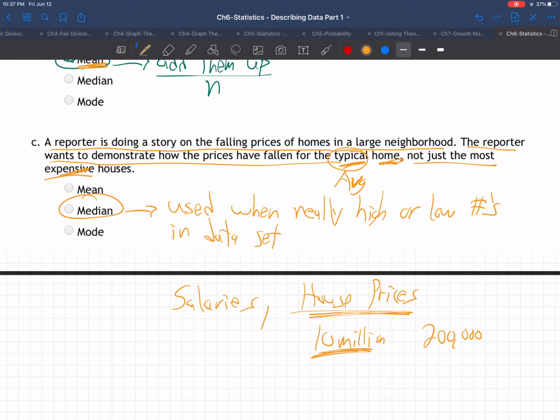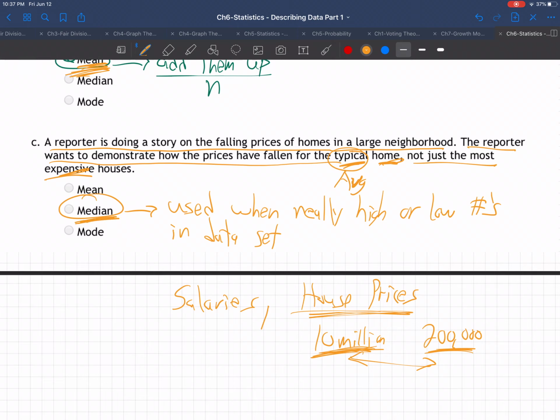Because even if you just take the 10 million and divide by 2, that's 5 million. This is going to be even a little bit higher. And the average of these two is not $5 million. It's not the real average, right? So if you have a whole bunch of houses and an expensive one, if you do the mean, what we did up here, it's going to throw things off. It's not a good average.